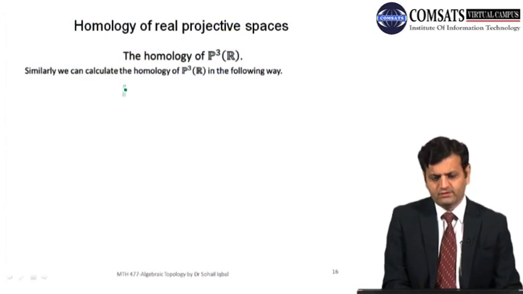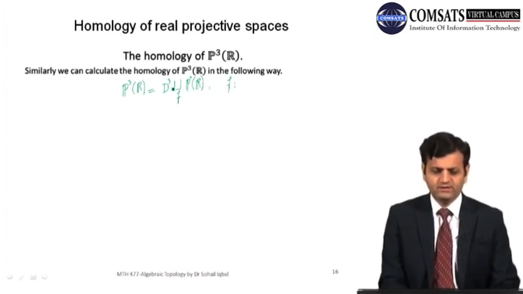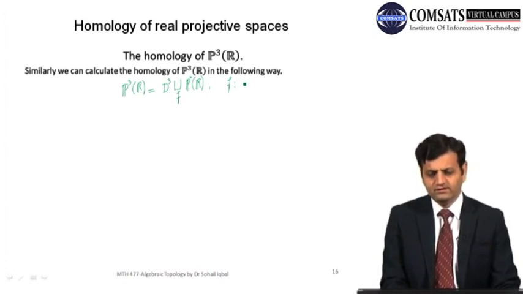So 3-dimensional real projective space, P3R, we have seen that this is equal to attaching D3 along some continuous function with P2R, where f is a function from the boundary of D3. What is the boundary of D3? It is S2, so we should have a continuous function from S2 to P2R.